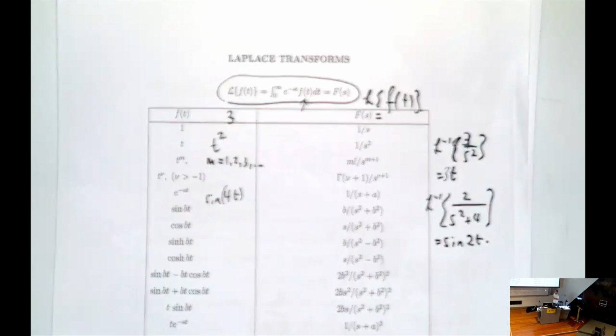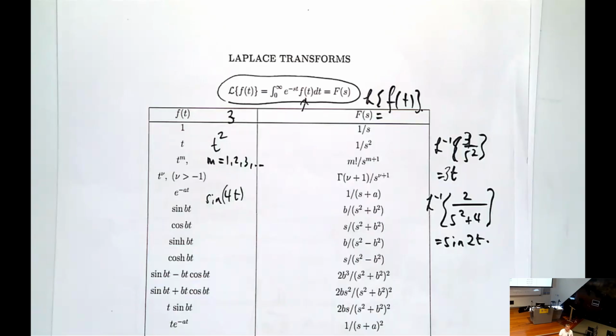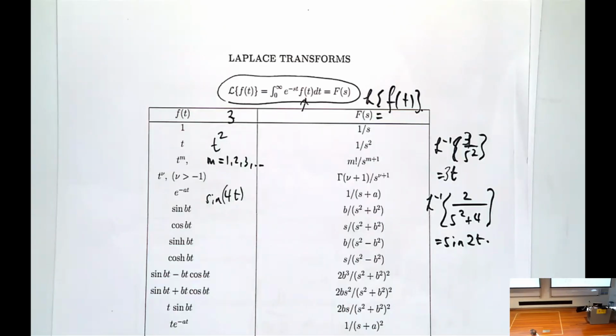Sometimes you want to represent them as functions of s, other times you just want to say, hey, it's the Laplace transform of this t function. It is a bit of a skill using the table, especially when the functions that you're dealing with don't quite fit. Sometimes you've got to make them fit, so you've got to divide or multiply or do something.